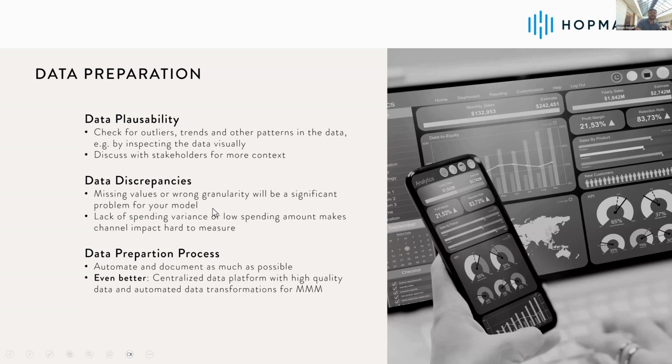Then this will be a problem for your model, because it just tries to attribute the sales to a different channel. There are some workarounds, of course, but it will be a limitation of your model.